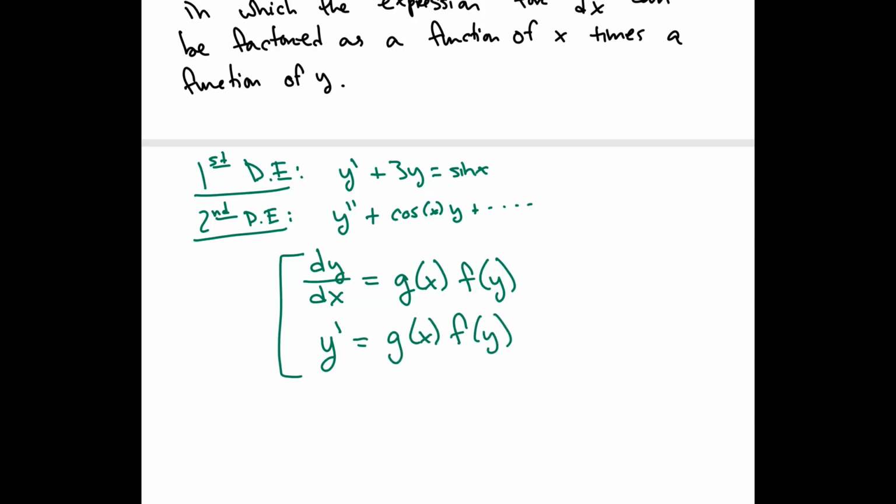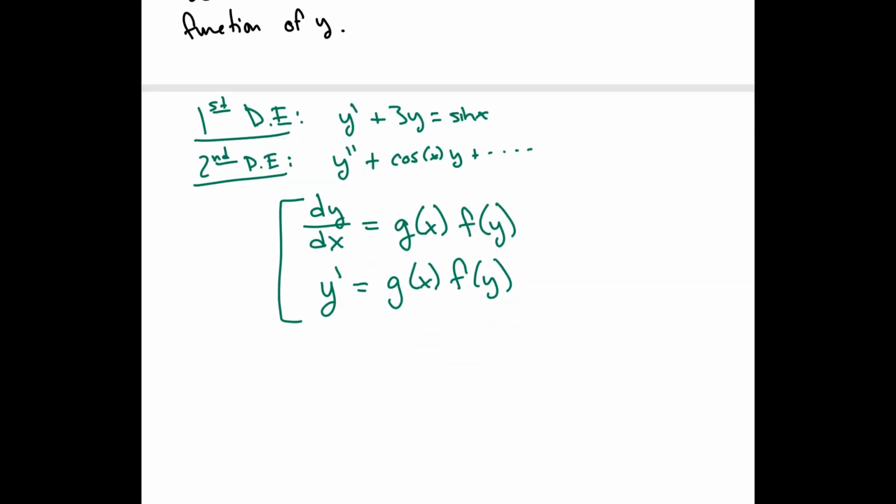If you know that it can be broken up like this, then you can use separation of variables. What separation of variables does is break up this operator so that I only have x's on one side and y's on the other side.